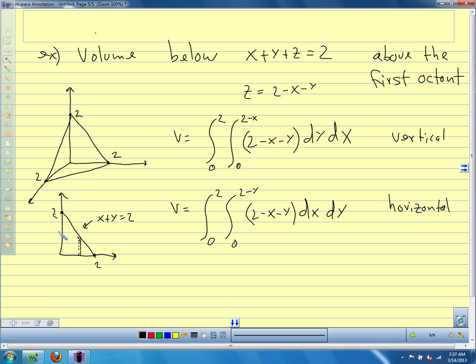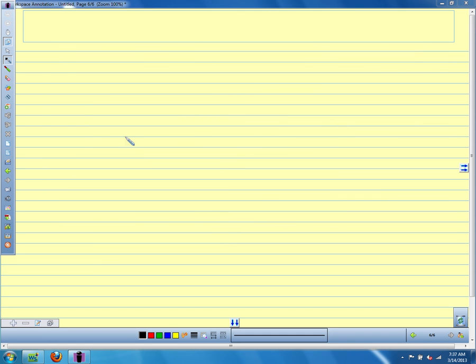Let's look at one more, and then I have a couple questions for you. For this one, we're going to start with a drawing and come up with our double integral for the volume from our drawing.